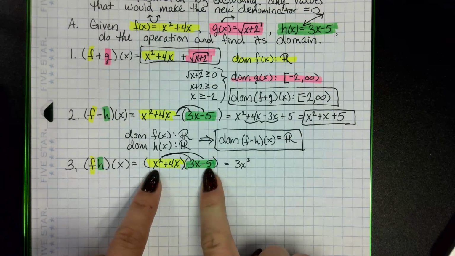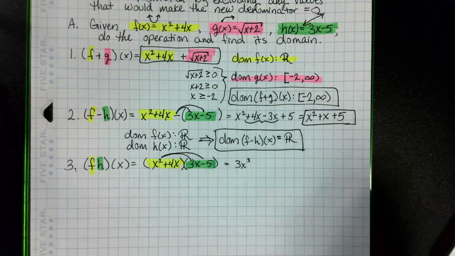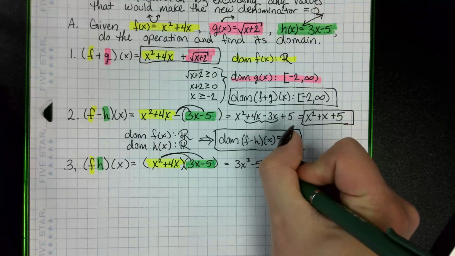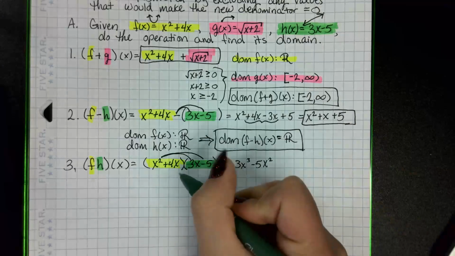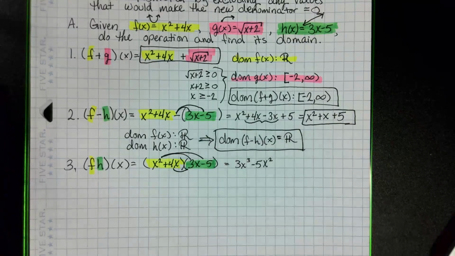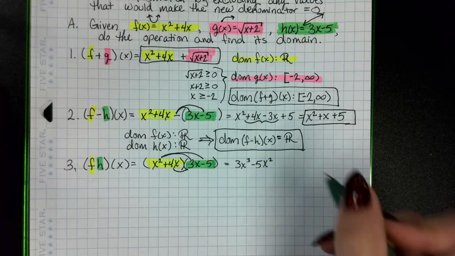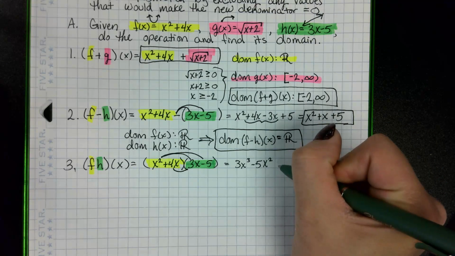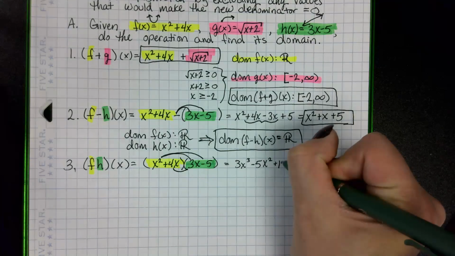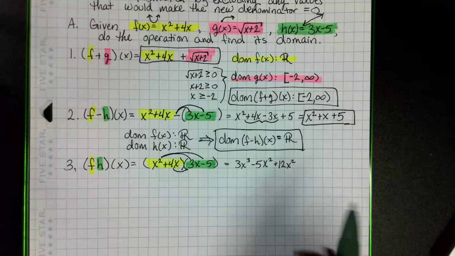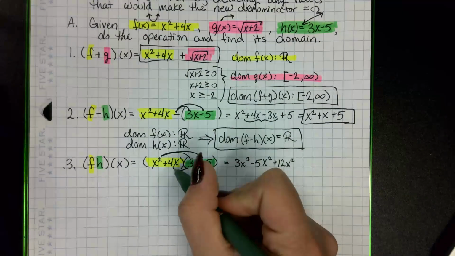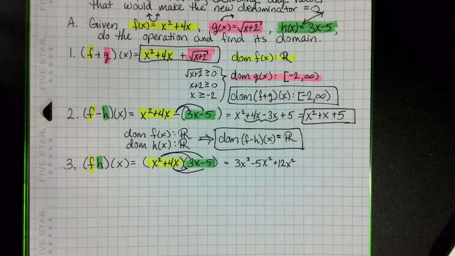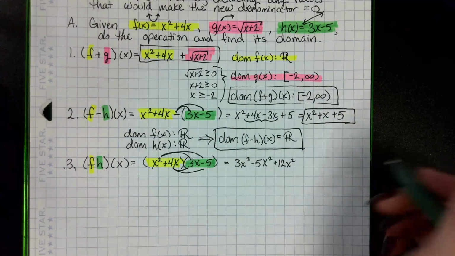Negative 5 times x squared is negative 5x squared. Then I do the inside terms. Gives me positive 12x squared. And then I do the last two terms. Gives me negative 20x.